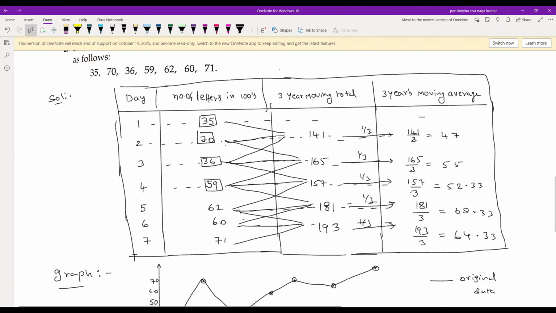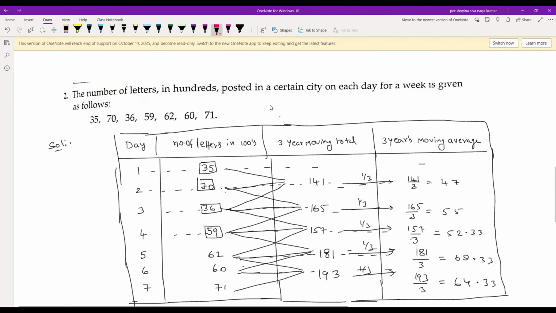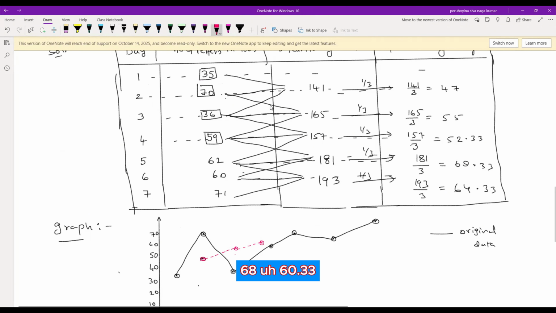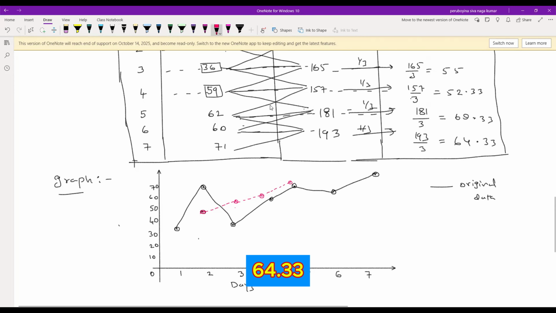For the moving average: 47, 53, and next 55. Join with dotted lines. 52.33, 60.33, 64.33.